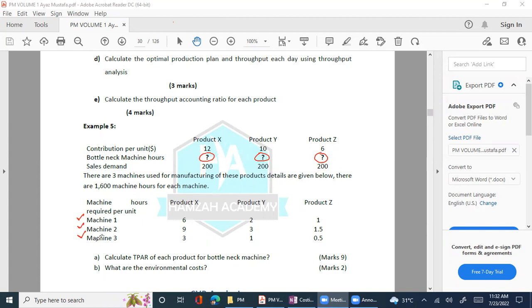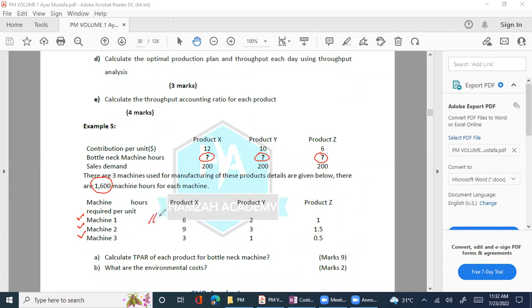Okay, look at the question. The first part which I gave to you is to identify a bottleneck process. This is very easy. 1600 machine hours is the total capacity, and the per unit time for each machine is given.